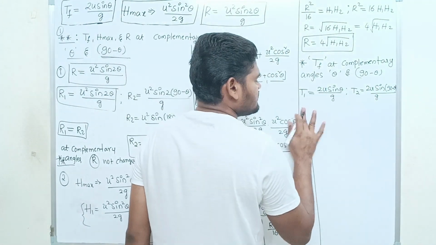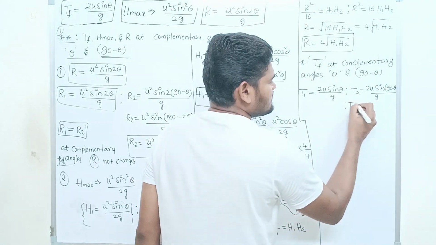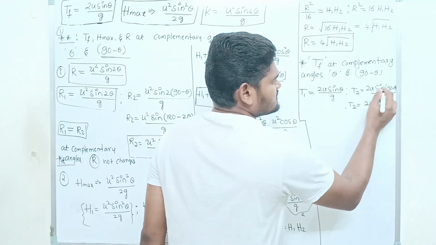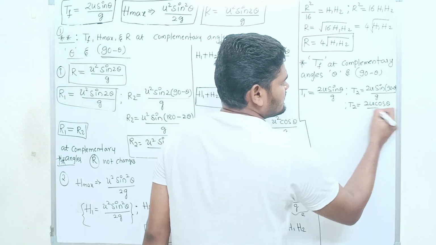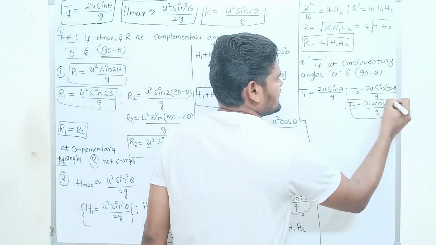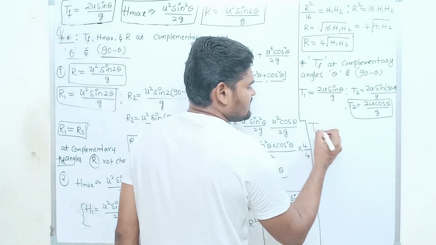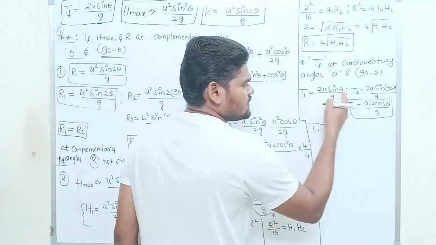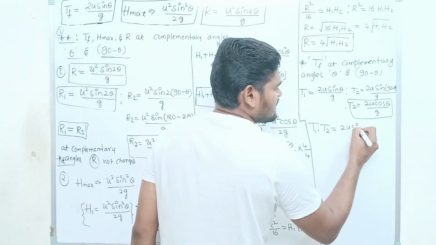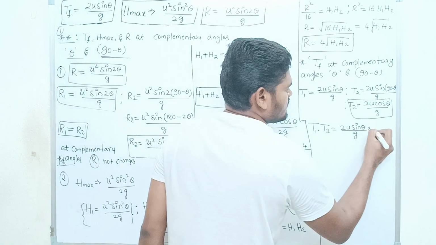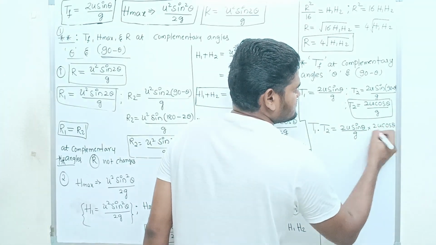So T1 is the same thing, and T2 is equal to 2u cos theta divided by g. I'm just multiplying T1 and T2, T1 into T2. So we get 2u sin theta by g into 2u cos theta by g.